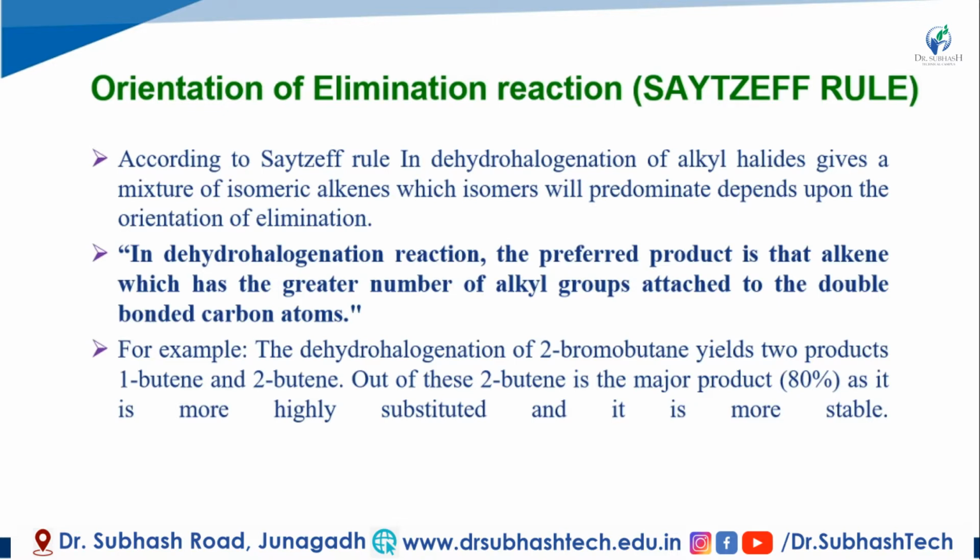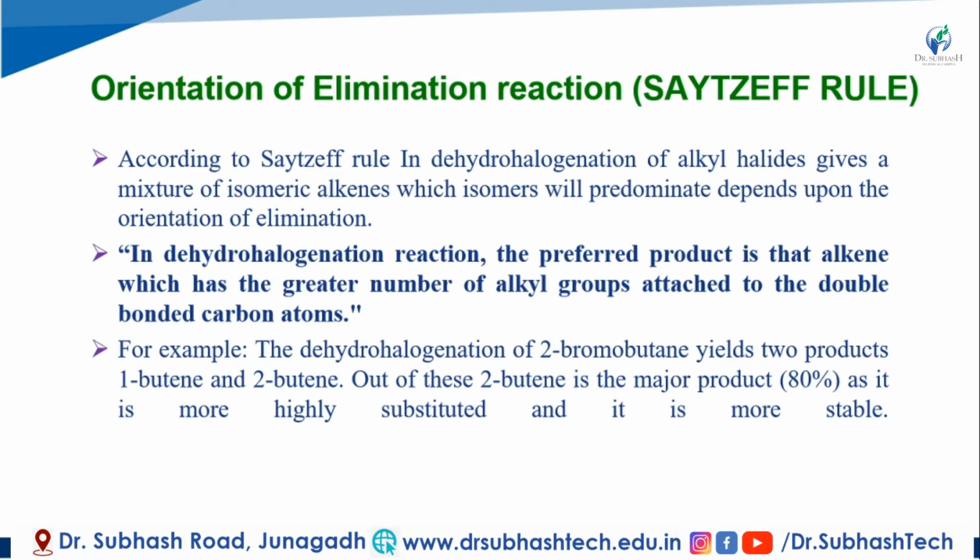According to the Saytzeff rule, in the dehydrohalogenation of an alkyl halide, a mixture of isomeric alkenes is obtained. Which isomer predominates depends upon the orientation of the elimination.